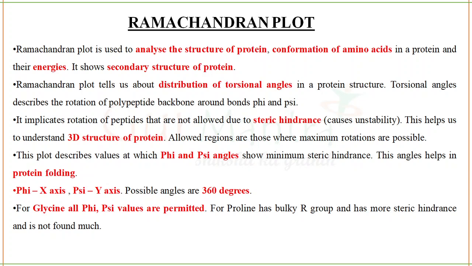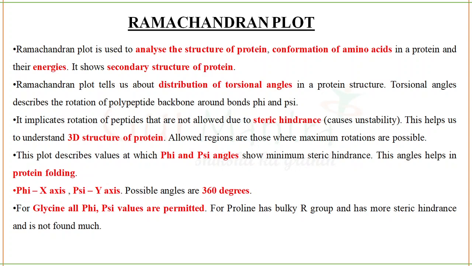The Ramachandran plot tells us about the distribution of torsional angles in a protein structure. A protein has a polypeptide backbone, and this backbone has bonds with phi and psi angles, and these phi and psi angles will rotate.